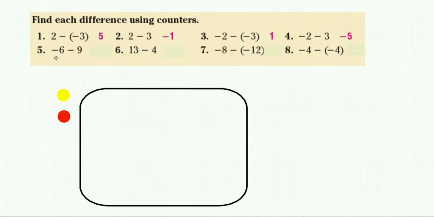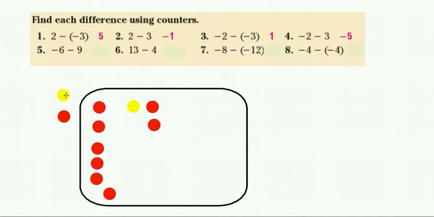Let's take a look at number 6, which is negative 6 minus 9. Again, we put 6 negative counters, and we want to subtract 9 positive counters. But if you notice, we don't have any positive counters, so we get 9 zero pairs.